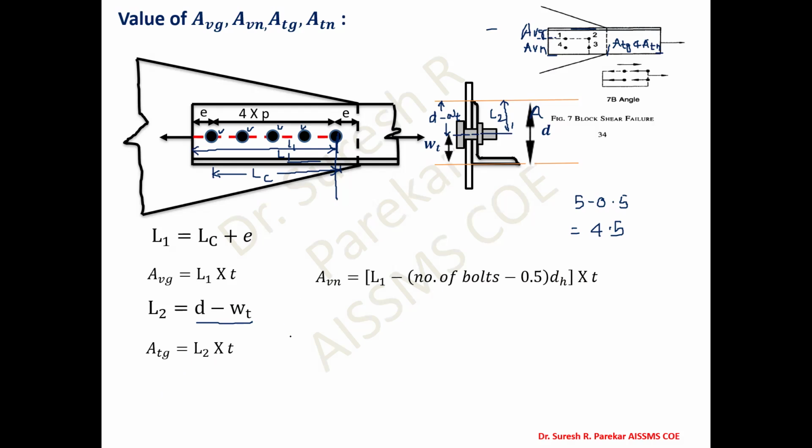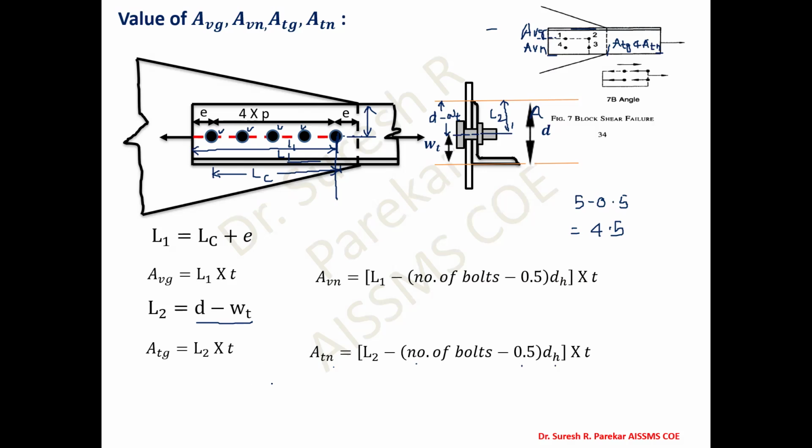Now we have number of bolts minus 0.5, because from the center we take half of this bolt, not full. So we subtract this half area of the bolt, and therefore we take number of bolts minus 0.5 into DH. That will be my value for ATN into T.